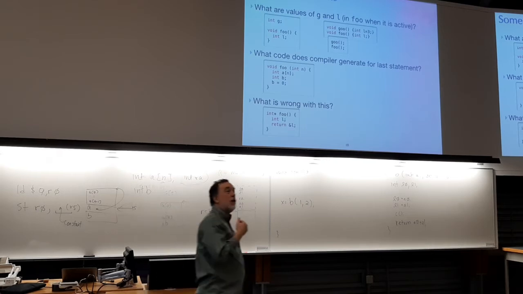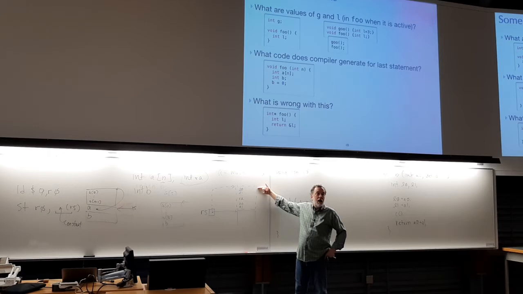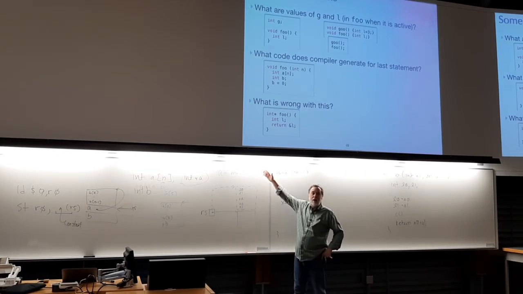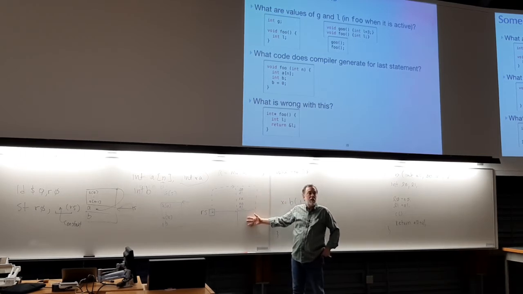Why is it a dangling pointer? Well, when you return, that variable L is now in the unallocated part of the stack, just like if you said free. But the caller, which is now executing in this activation frame, has a pointer to it. And if it accesses that, then it's accessing memory that's unallocated.